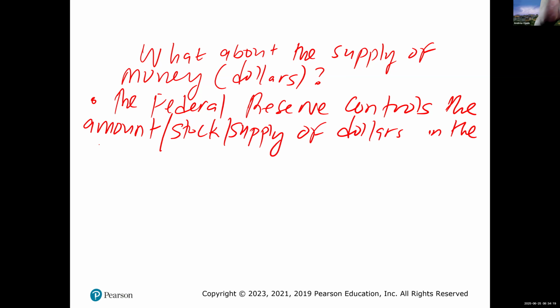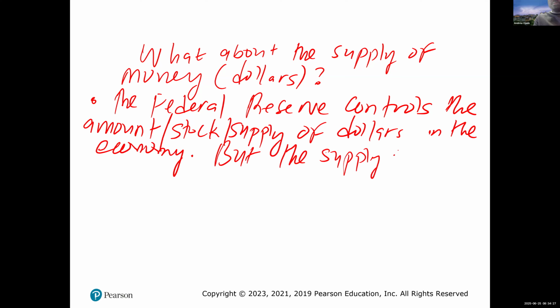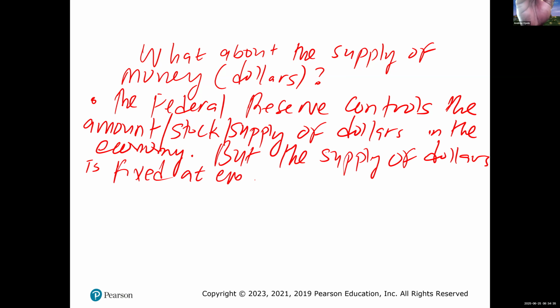But the supply of dollars is fixed at every point in time, because the Fed is the one that fixes it.